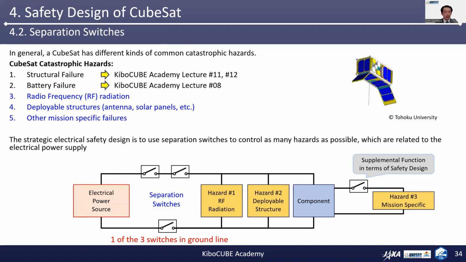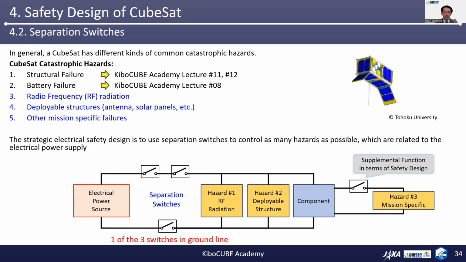So strategic electrical safety design is to use separation switches to control as many hazards related to electrical power supply as possible. This idea is illustrated in the figure below. The possible hazards are illustrated in dark yellow, with an electrical power source indicated in red, and satellite components illustrated in blue.